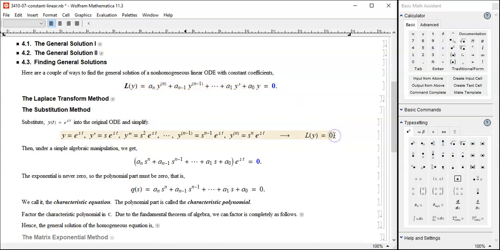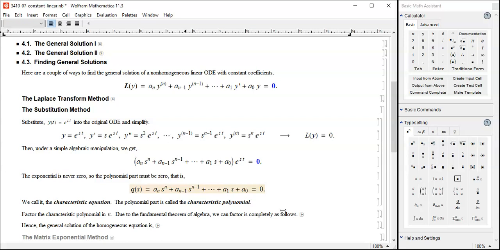Because of the chain rule, we get s to some power, and the exponential always remains the same. And if you put everything in there, then the exponential is common to everything, so I can factor it out, and what's left is the characteristic polynomial. Setting it equal to 0 because the right-hand side is equal to 0, and observing that the exponential is never 0, so you can throw it away by dividing out, you're going to get the characteristic equation.